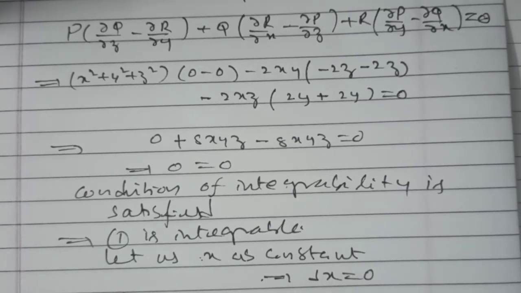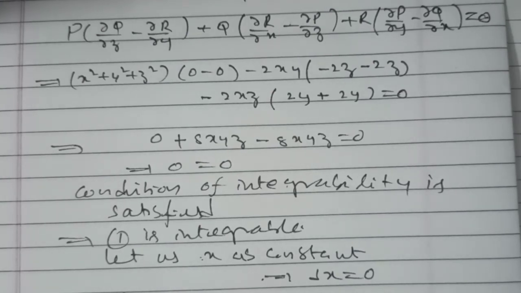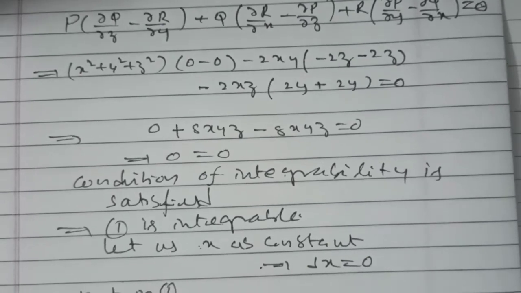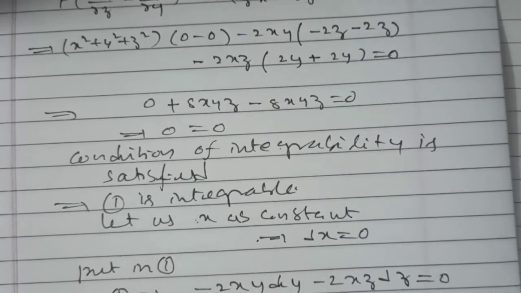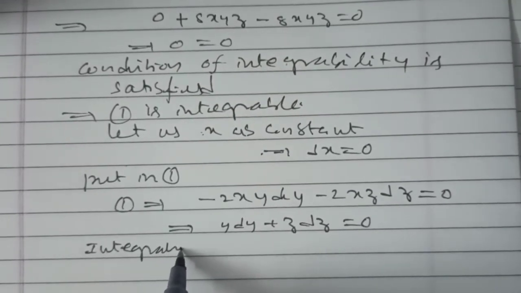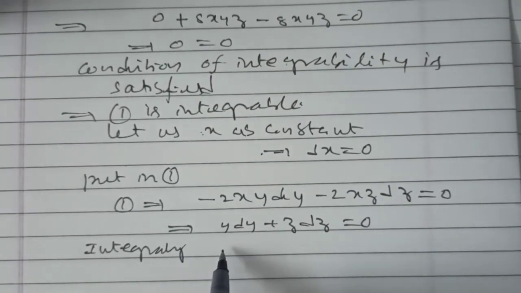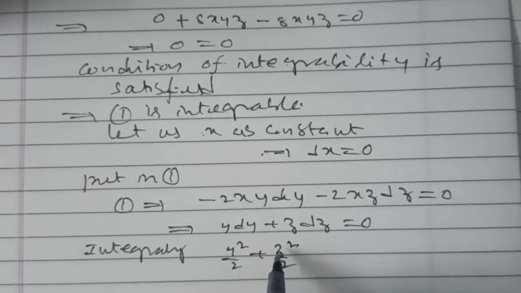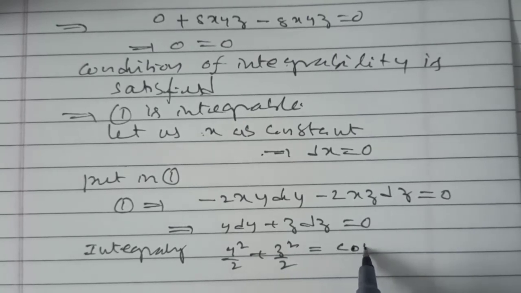Implies as minus 2x is constant, take it outside, and take it to the right side, it is constant 0. So the remaining is y dy plus z dz is equal to 0. Integrating, y square by 2 plus z square by 2 is equal to the constant c.